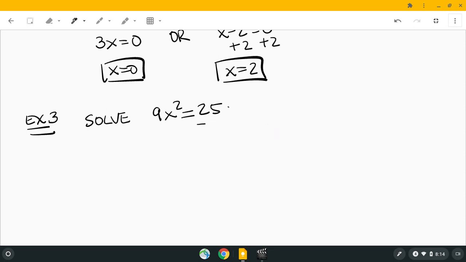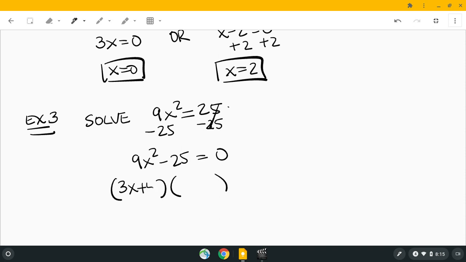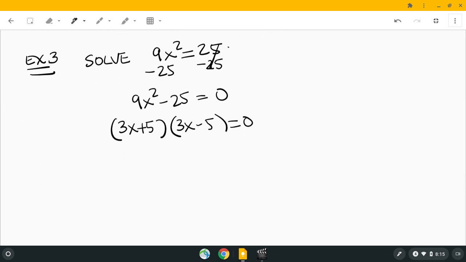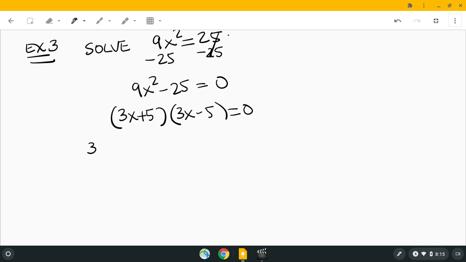So I need to subtract 25 on both sides. That way I get my 0. And I get 9x squared minus 25 on this side. Okay, those are perfect squares. So when I factor it, it's going to be 3x plus 5, 3x minus 5. Okay, and take each factor, set it equal to 0, and solve.